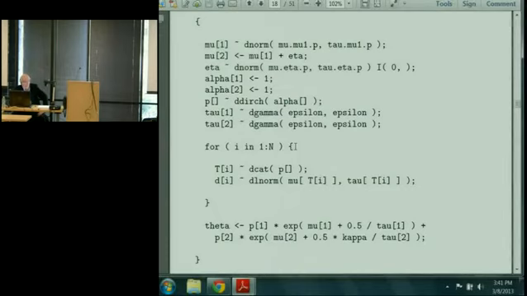I do a loop across all the data values, so for i from 1 to n, down like that. And I make a draw from a dcat p, which corresponds to making a draw from a categorical distribution that has as many components in it as the length of the vector p. And p is given a Dirichlet distribution with Dirichlet parameter vector alpha.